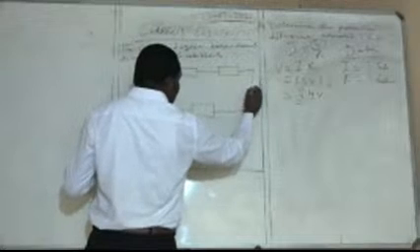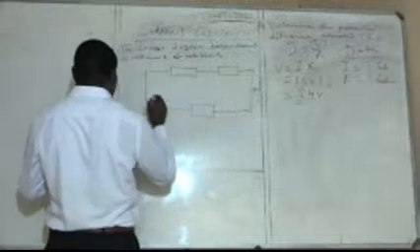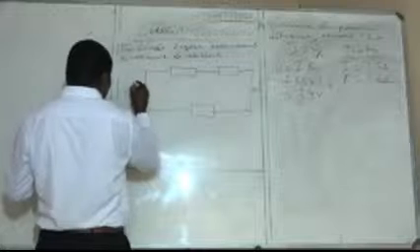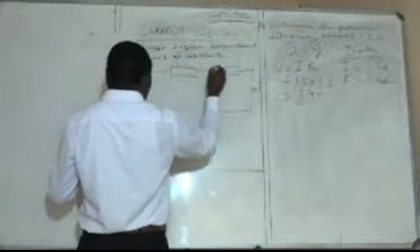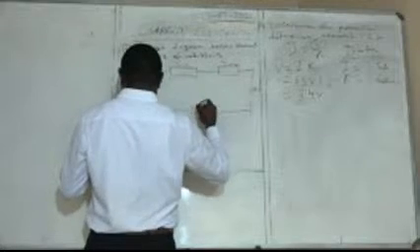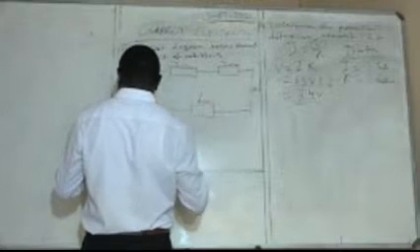Of course, you expect current entering, which is 6 amps here. I've got 3 ohms here, we have our 3 ohms here, and we also have our 6 ohms here.